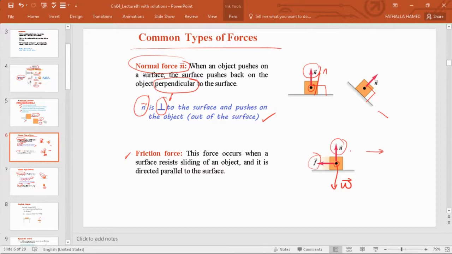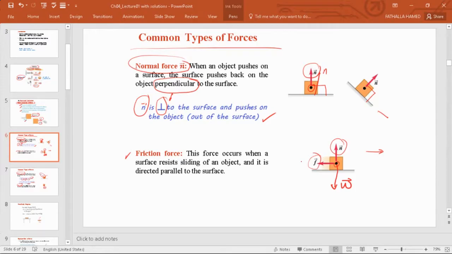The normal force, which is the surface pushes up on the object, and the surface will feel the weight that's coming from the object on the surface, and that's why it has to apply this normal force in this case here.